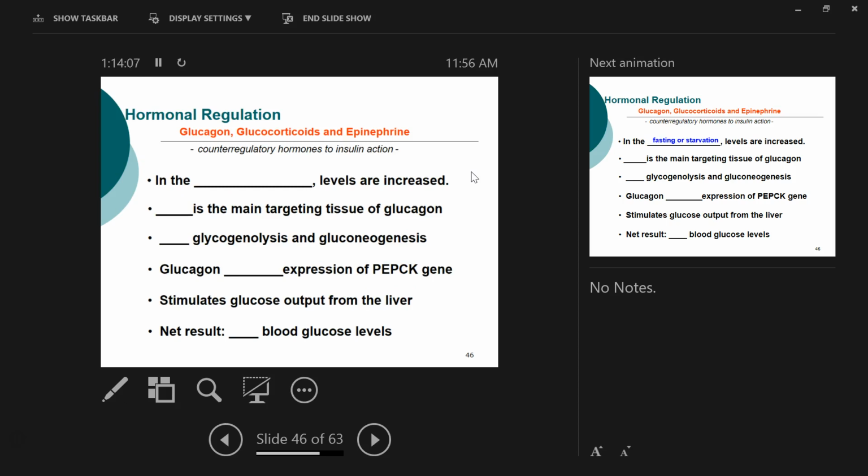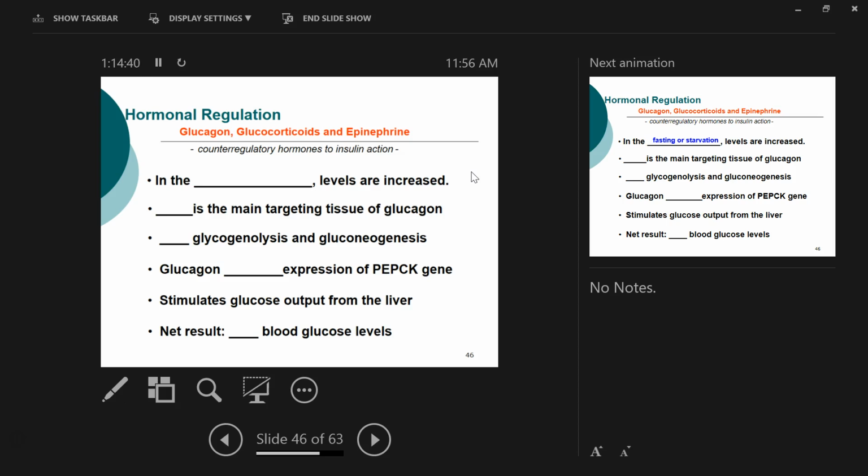All right, and then the other type of hormones are called counter-regulatory hormones to insulin action. These hormones basically have opposite functions to insulin, like glucagon, corticoids, and epinephrine. And glucagon basically increases during the fasting condition, right?